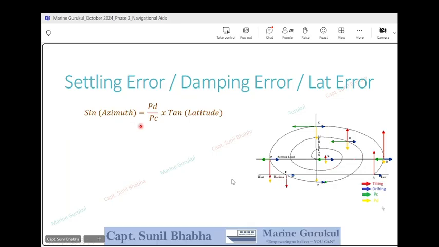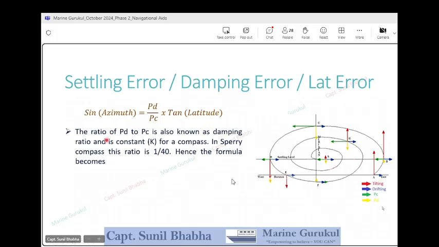So this is the relationship which we have got. Now the ratio of PD to PC. PD is damping precession and PC is control precession, also known as the damping ratio. And this ratio is constant, represented by the alphabet K for any particular compass.